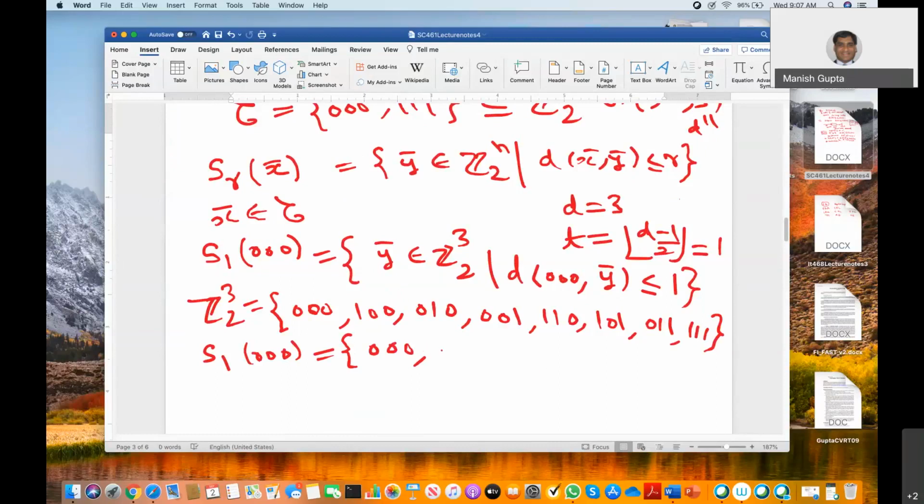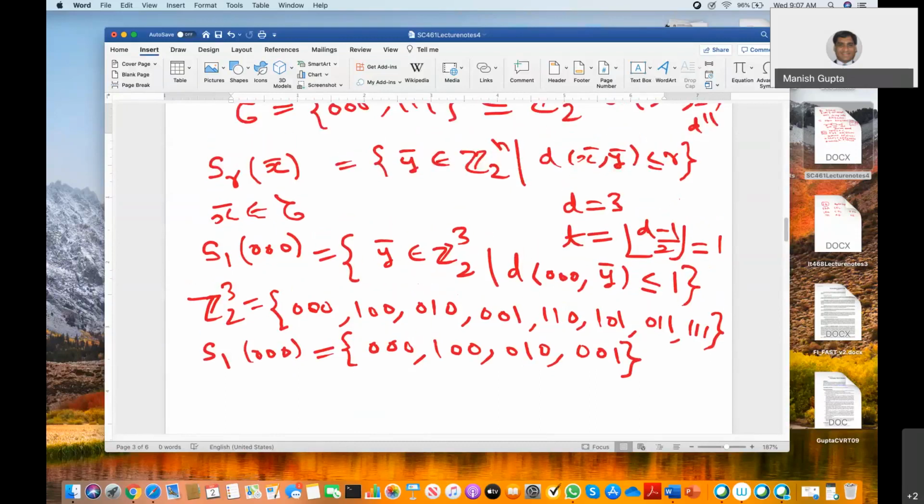Then 100, since the distance between 100 and 000 is 1, so this will be a part of it. Then 010 and 001 will be a part of it. If I take 110, the distance between 110 and 000 is 2, so this cannot be there. The others are more than 1 as well, so we are left with these.